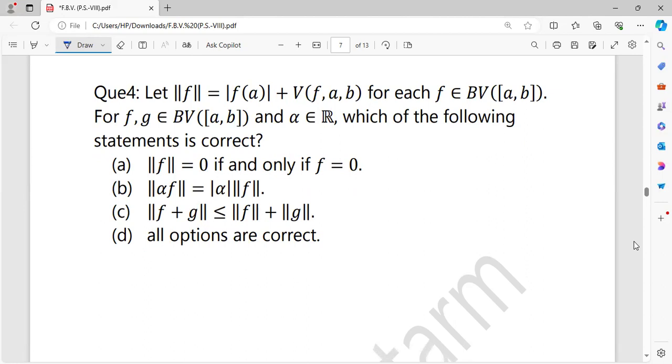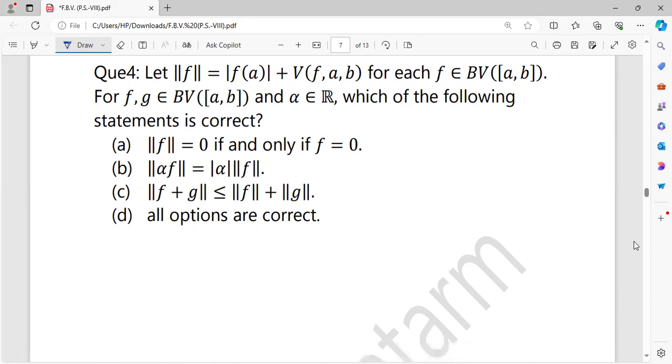Norm of F is 0 if and only if F is 0. Norm of alpha F is the absolute value of alpha times the norm of F. Norm of F plus G is less than or equal to norm of F plus norm of G. Option D is all options are correct. So let's see its solution.